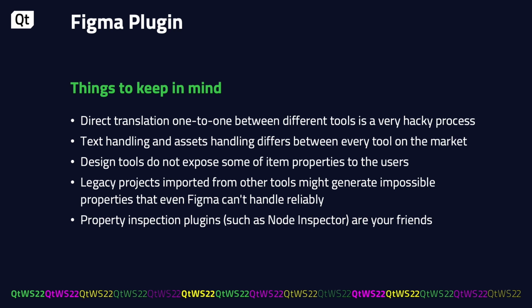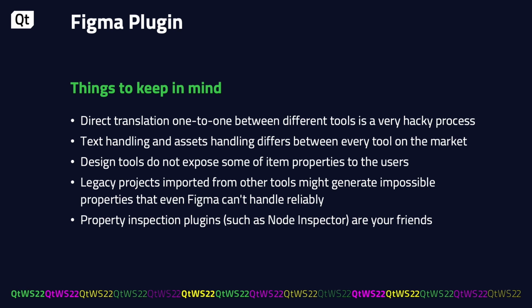Design tools do not expose all properties to the user, whether we're talking about UI or API. One of the examples in Figma, the user can flip or mirror any item in their project, and Figma UI will not indicate the property change to the user in any way. The node itself does not have a flip property in the API as well.